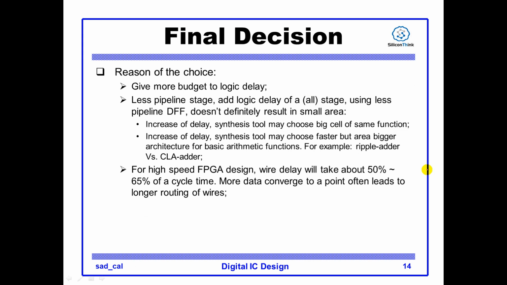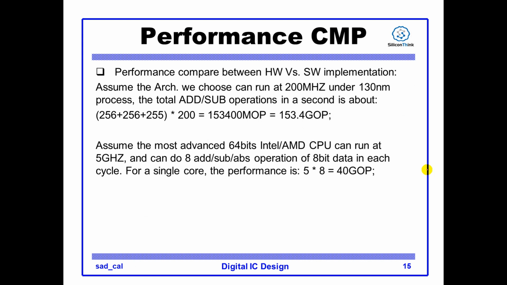Okay, that's all for the analysis of this function and the architecture. And finally, let's compare the performance of the hardware implementation and the software implementation, such as you can write a C program and run it on the most advanced 64-bit Intel or AMD CPU.